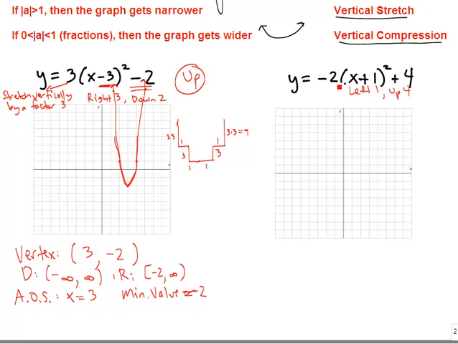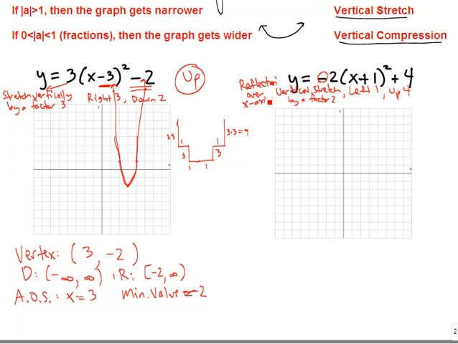The 2, because that's a number bigger than 1, is going to be a vertical stretch. So we're also going to have a vertical stretch by a factor of 2. And the other transformation which you might overlook is the negative in front of that 2. What a negative does is it's a reflection over the x-axis.